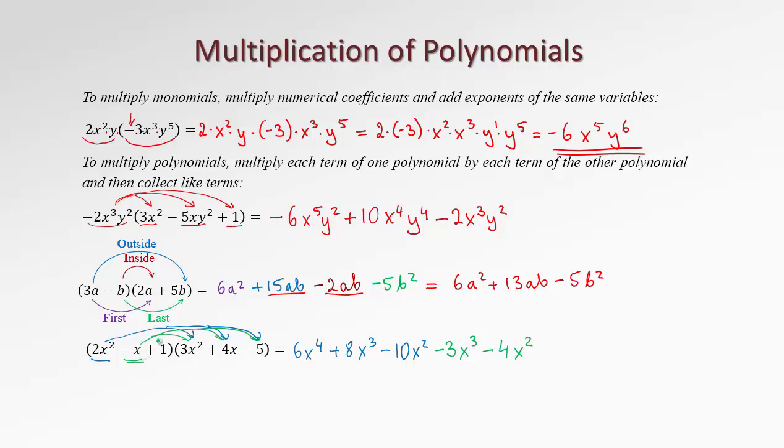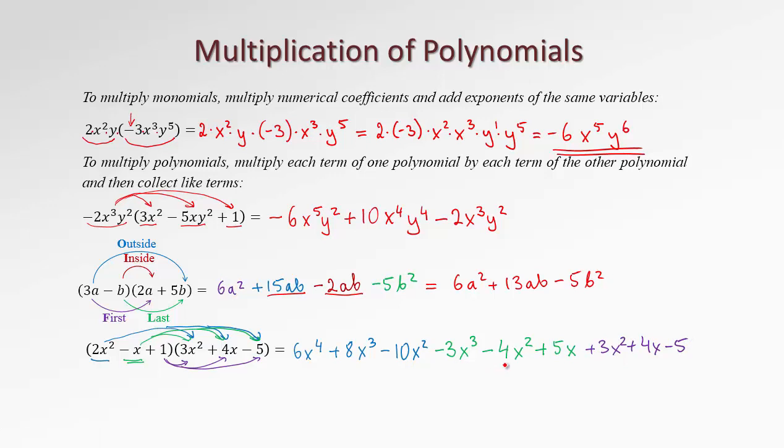And again, multiply by the last term, sign negative times negative, so it's positive, number 5, letter x. Finally, we're going to multiply by 1, so this time is really easy because it doesn't change anything in the second bracket. So it will be just plus 3x squared plus 4x and minus 5.